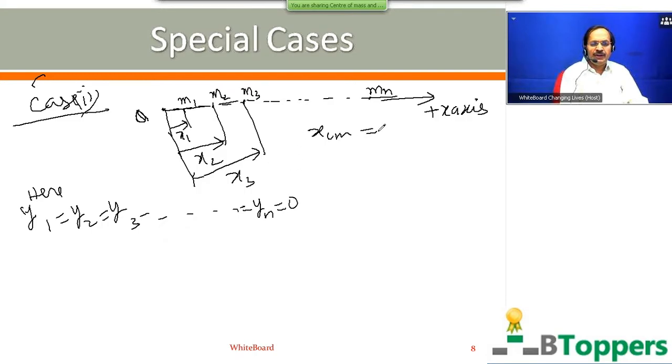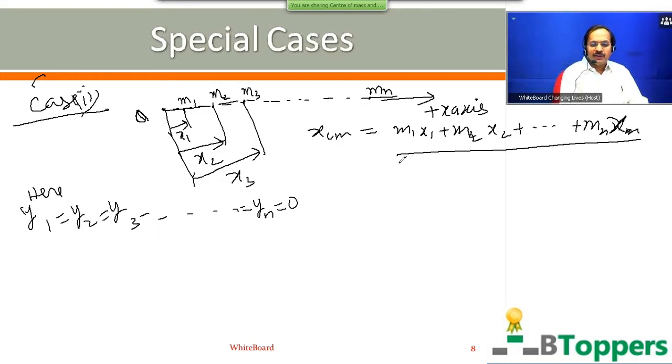So of course the x coordinate of center of mass will be written in the usual way: m1 x1 plus m2 x2 plus m3 x3 etc. up to mn xn, divided by the sum of the masses of all the n particles of the system.